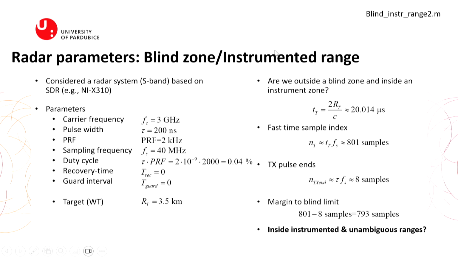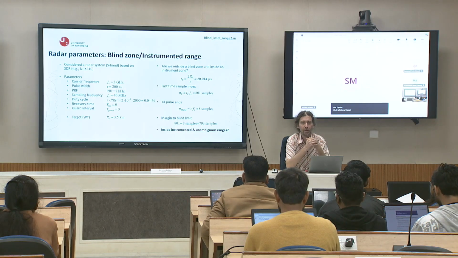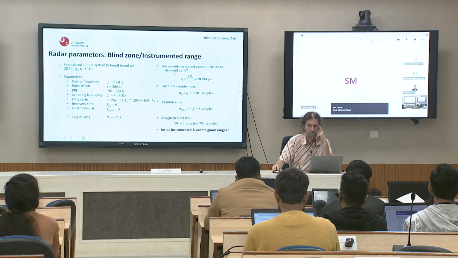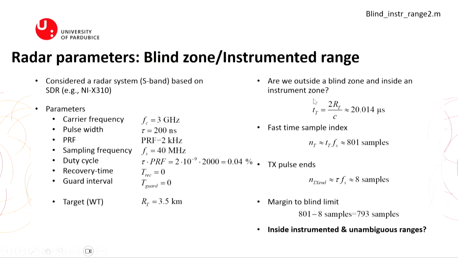And now my question will be, what do you think about this? If we have a target at 3.5 kilometers, are we inside the instrumented and unambiguous range from the point of view of samples and all settings? Can we start measurement, theoretical measurement, because of course there is still no power. So we will measure the time delay of the target. It is 3.5 kilometers.